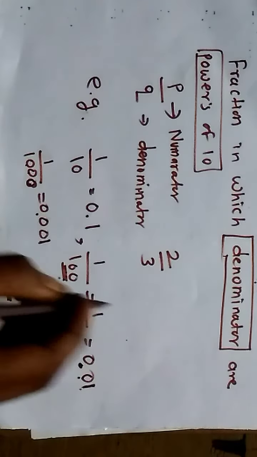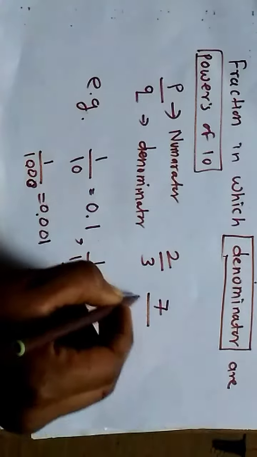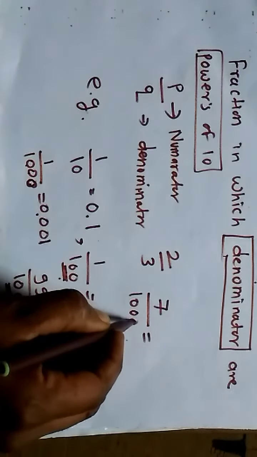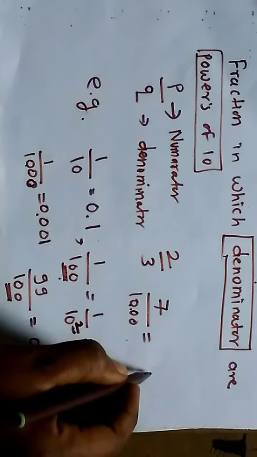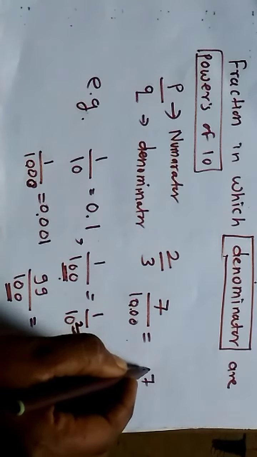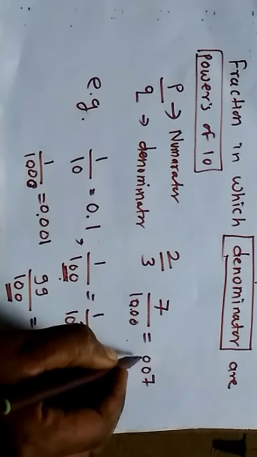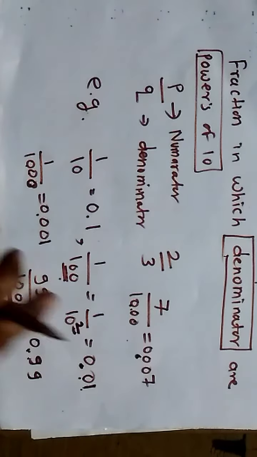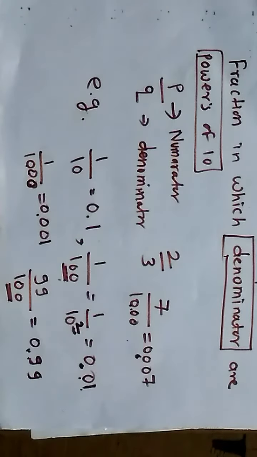Next, suppose I take the example 7 by 1000. Here the number of 0s is 3, so 7, then 0, 0, 3 places, point here, 0 here. This is easy if you practice.